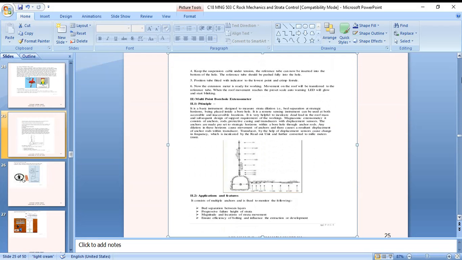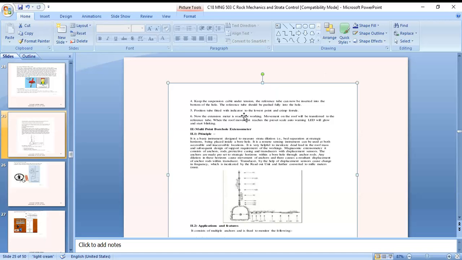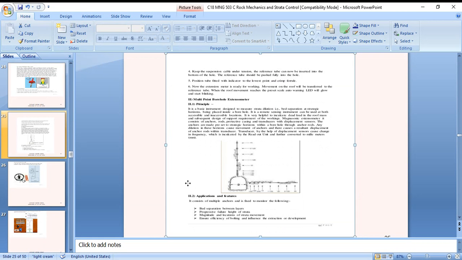So, the borehole extensometer. Keep the suspension cable under tension. The reference tube can now be inserted into the bottom of the hole. The reference tube should be pushed fully into the hole.